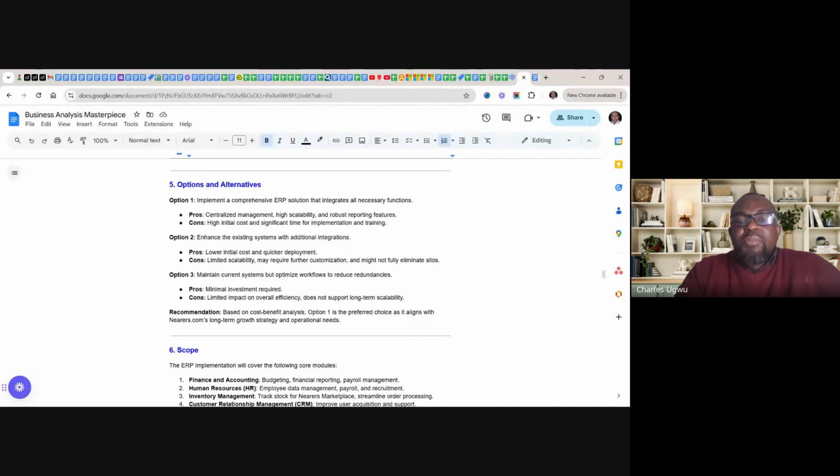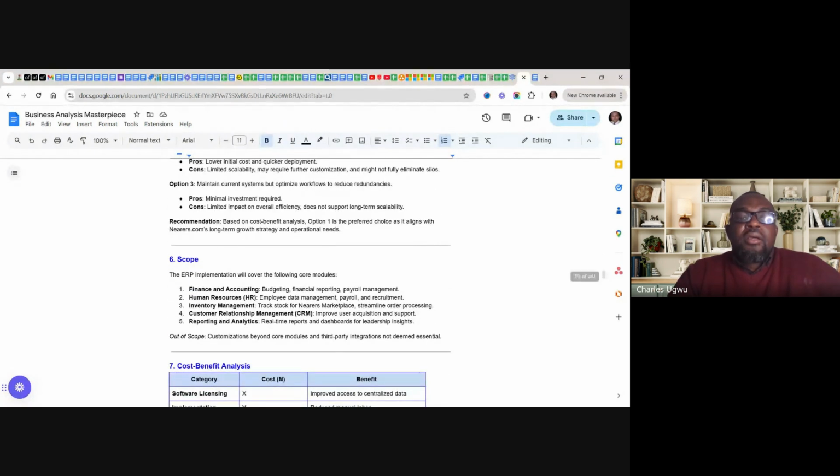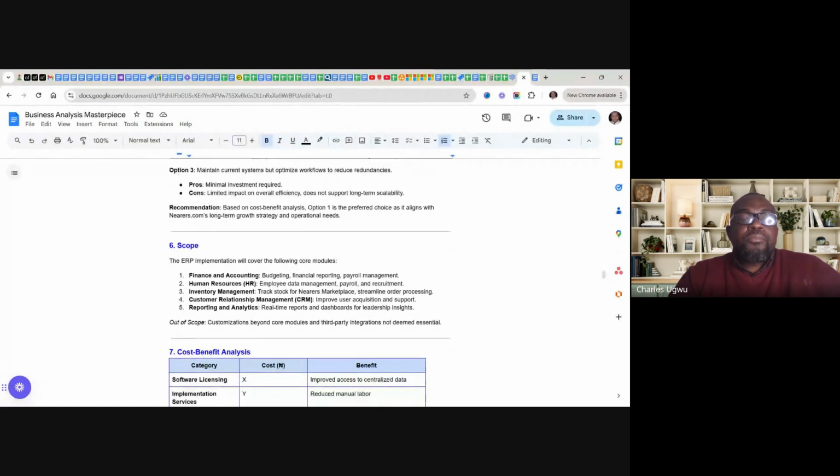Based on the cost-benefit analysis, option 1 is the preferred choice as it aligns with NIARA's long-term growth strategy and operational need. Then, as we have chosen number 1, we must identify the key scope we are really talking about.